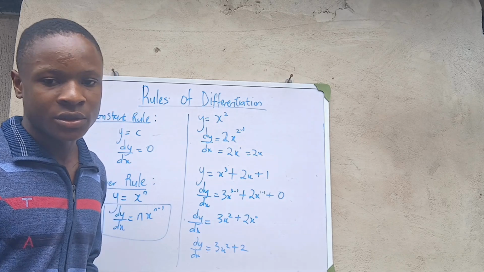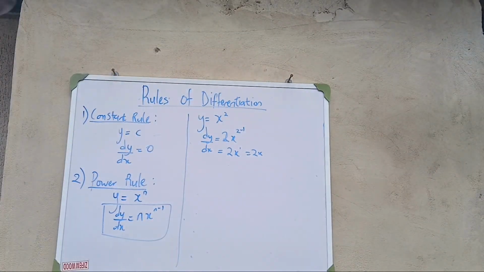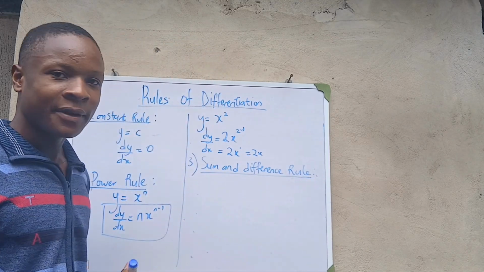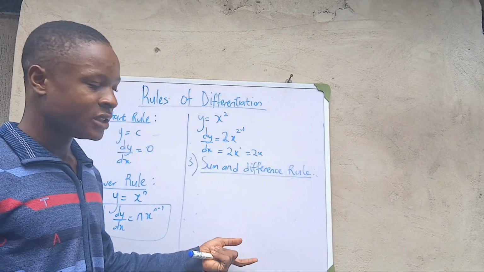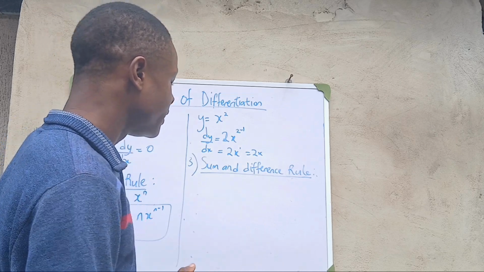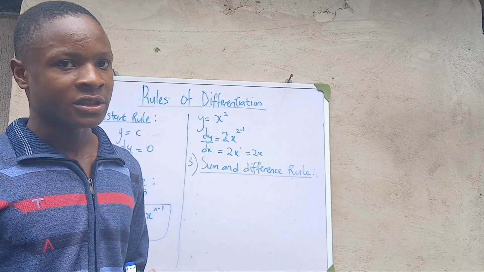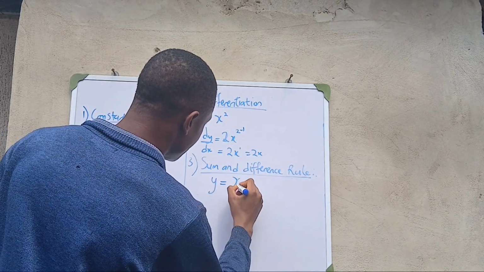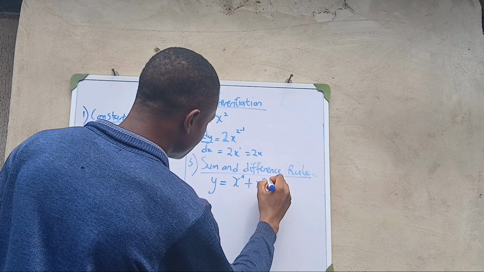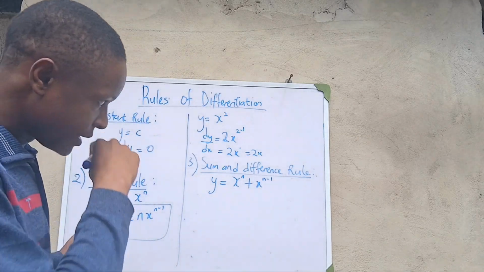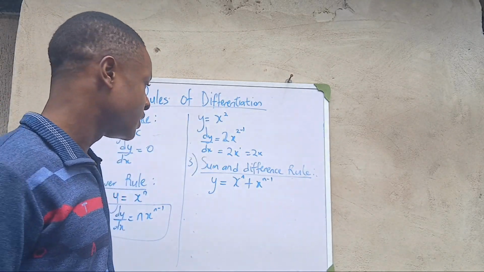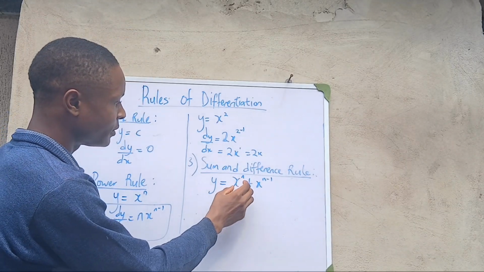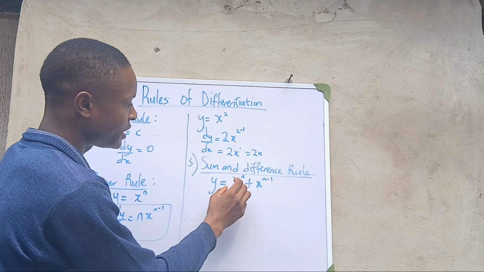Now let's go to the next rule. I've already explained this rule using the example I just showed. The difference rule is just trying to say that for a function, say y is equal to x^n plus x^(n-1), something like this, to differentiate this, we have to differentiate each of them separately, singly.